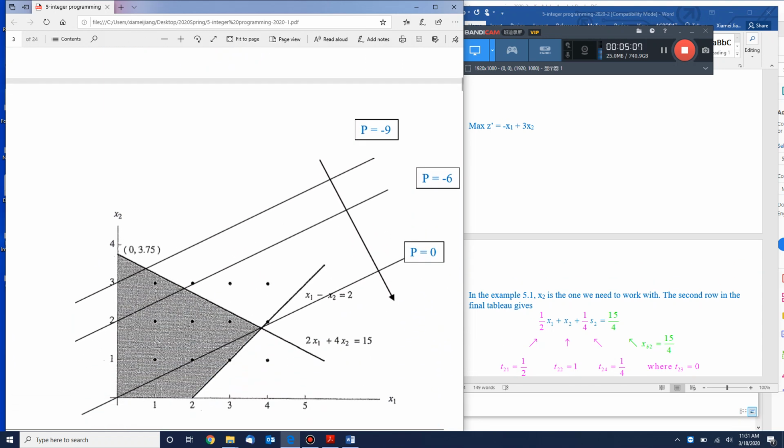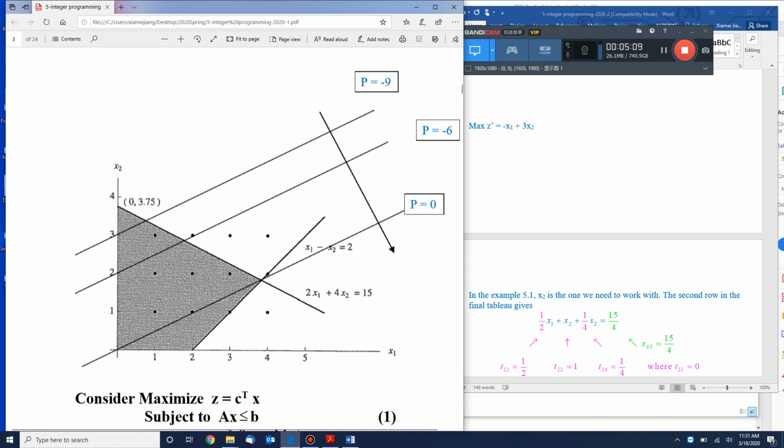You could see that as the profit lines, because it's a minimization problem, when we draw it, it first touches (0, 3.75), so that's the optimal solution for the LP problem, but not for the LP problem with all the variables required to be integers. Then we have to keep going.